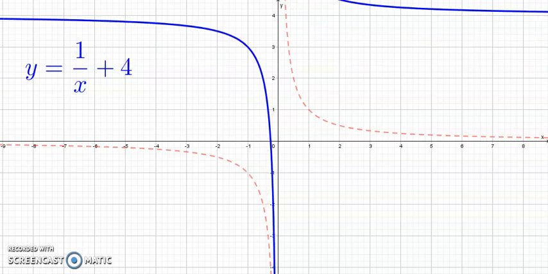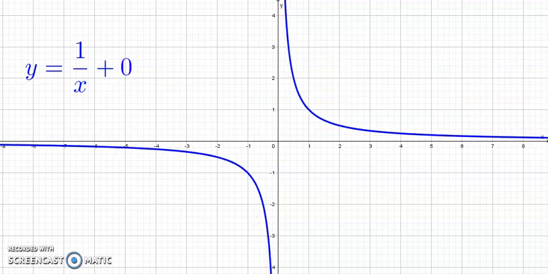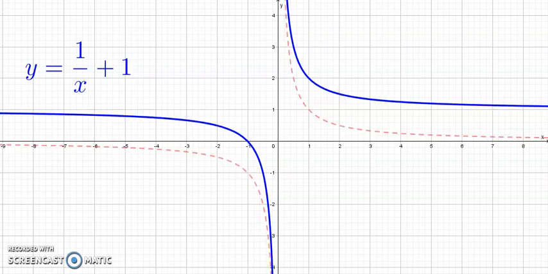And I think the thing, sorry, I know I said I wouldn't talk, but what I want to highlight here is that as this graph moves up or down, so does its horizontal asymptote. So see how the original hyperbola, its horizontal asymptote is the x-axis, and as I add 1 to all of the outputs, then the new asymptote becomes y is equal to 1, the output is never going to be 1.